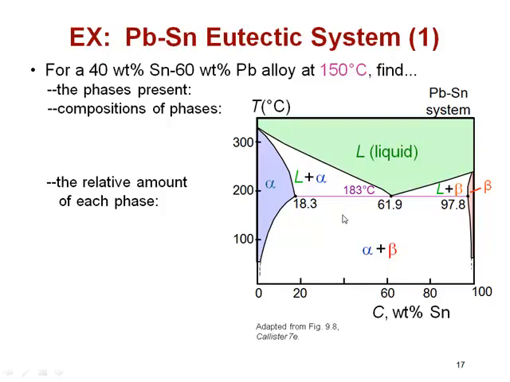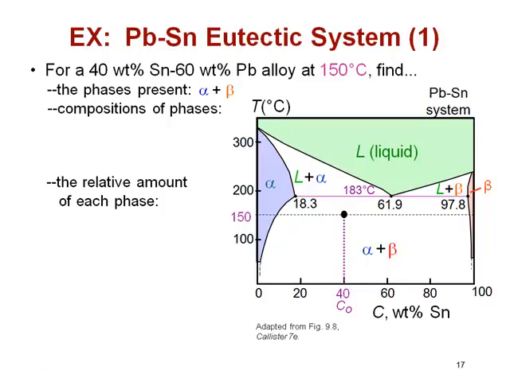Temperature 150 somewhere here, right? So what we get, we've got to draw a line and find the intersecting point at this given point. And then the phases that we will have is alpha plus beta, which is the answer. Alpha solid plus beta solid. This is the two-phase region.